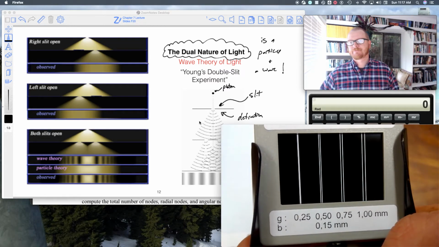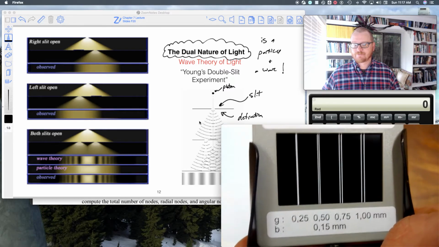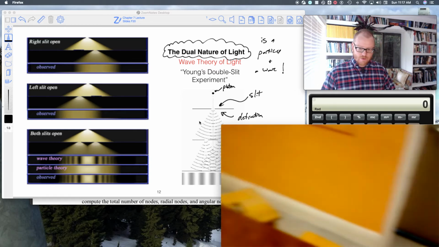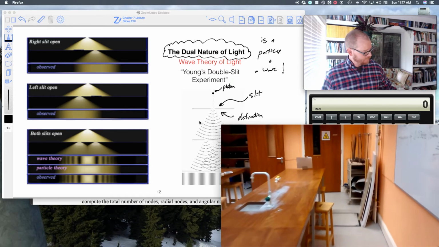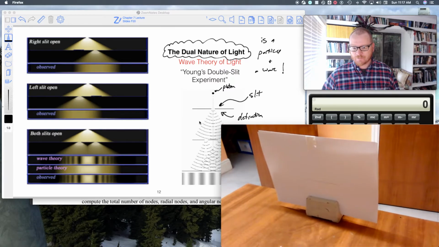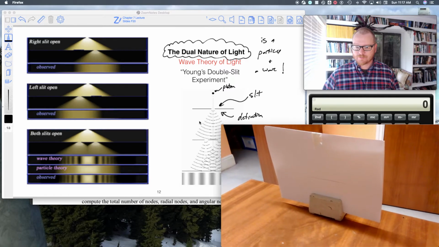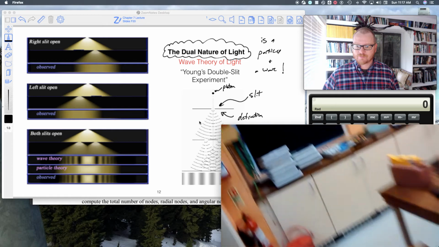So I'm going to shine the laser light through. I'm going to use the leftmost pair of slits because that's going to work best. I'm going to shine this laser through a double slit, and then all the way over there, I'm not sure if you can see it, is a screen. It's a long way away, and you'll find out why that is shortly. So, here we go. I'm going to turn the lights off.